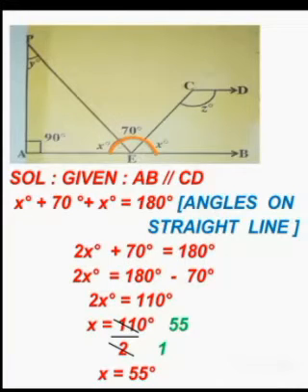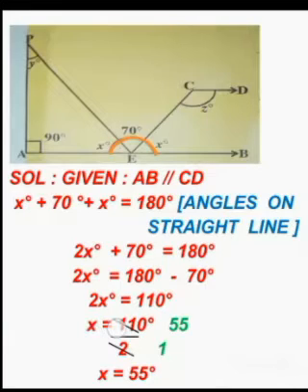Now let us transpose 70 to the other side. So you will get 2x is equal to 180 minus 70 degrees. So 2x is equal to 180 minus 70, which is 110 degrees. So I have to find out the value of x. So what you have to do, children, let us transpose 2 to the other side.